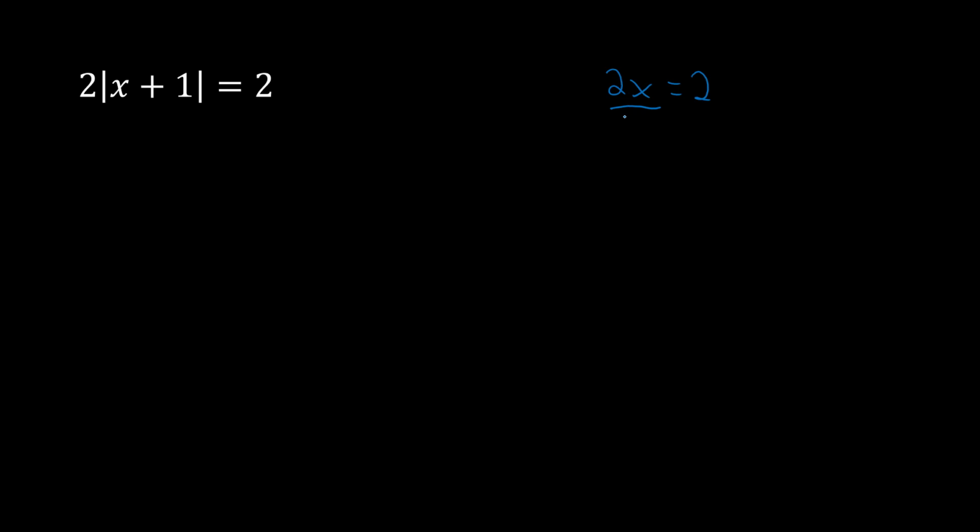We just divide by 2, right? So you have x equals 1. Same exact concept over here. To isolate the absolute value, we do the same thing that we did to isolate the x. So all we do is simply divide both sides by 2. When I do that, I have the absolute value equaling 2 over 2, which is going to be 1. So step 1 is done. We have isolated.